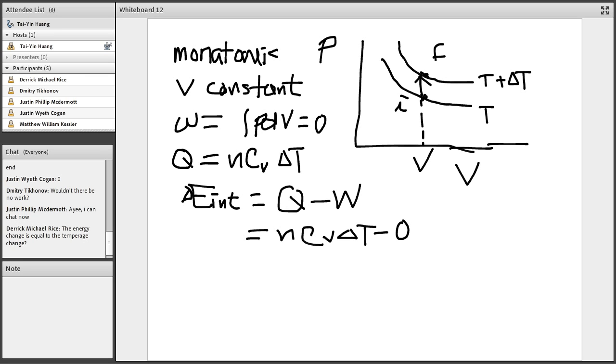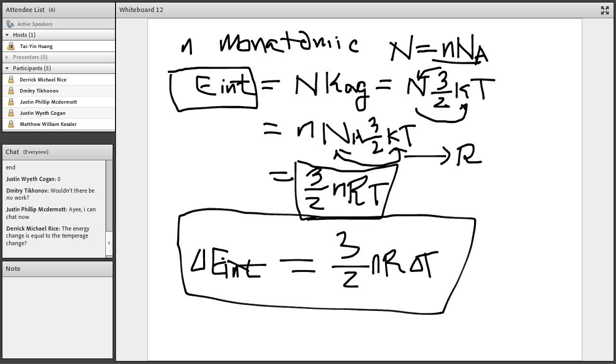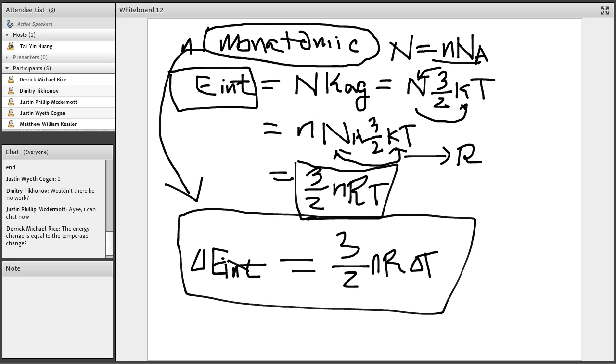Now let's flip back to the previous page. See, this is the change in internal energy: 3 halves nR delta T. This is for monatomic gases. For monatomic gases, the change in internal energy is always 3 halves nR delta T. This is for any process.